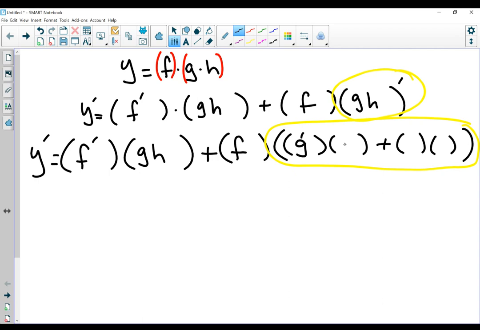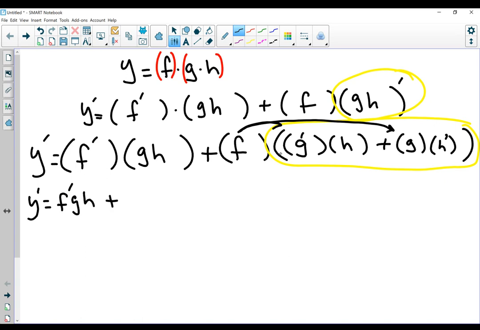The derivative of g times h and g times the derivative of h, like such. You can expand this if you want by distributing the f to that first thing and then multiplying the f function times that thing. So the result would look like this. You still have y prime is equal to, we'll just clean this up a little bit, f prime gh, that's this.